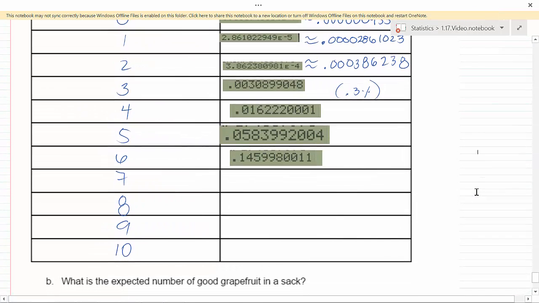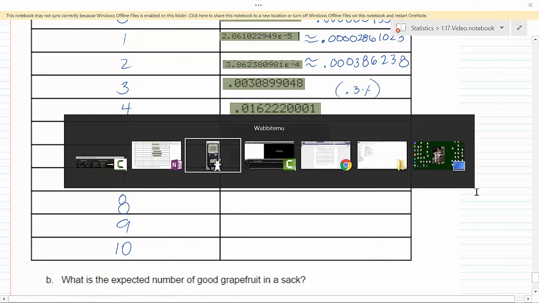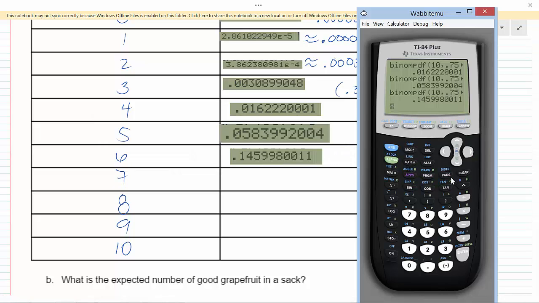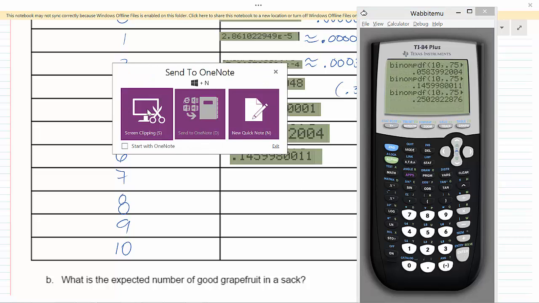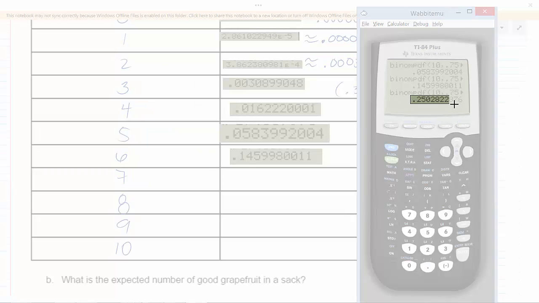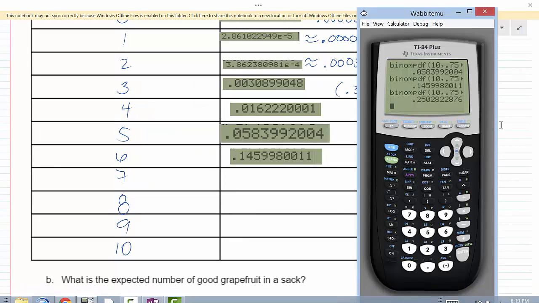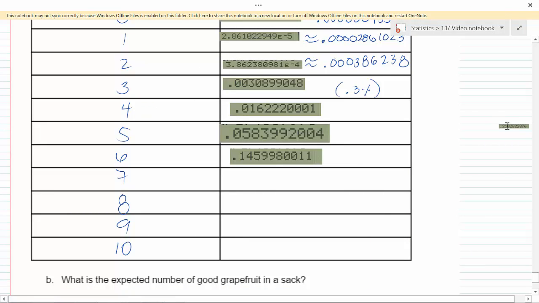As we get into these higher numbers, the probabilities start to grow that we will find bad grapefruits. So we're finding the probabilities right now of this many grapefruits being good. I just plugged in 7. The probability that 7 of the grapefruits will be good is about a 25% chance.